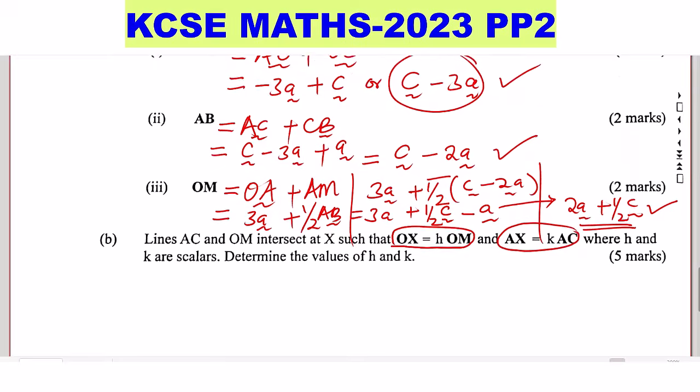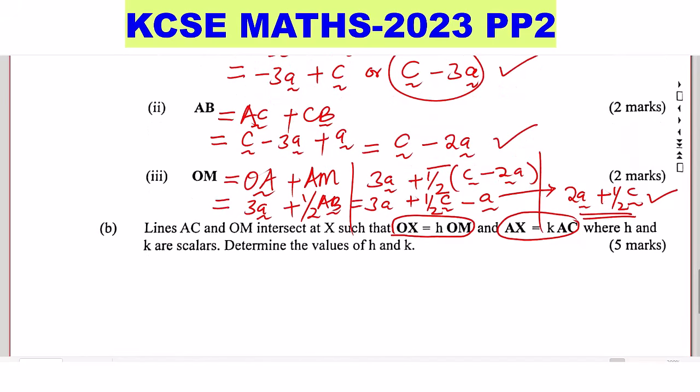So let's get the first equation. Before we do that, we need to know what we are going to express in two ways. Looking at these vectors given, OX and AX, we can use those two vectors to express one vector in two different ways. And the vector that we can express in two different ways is OX.